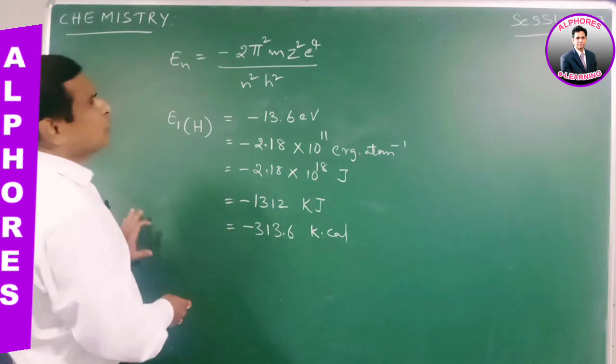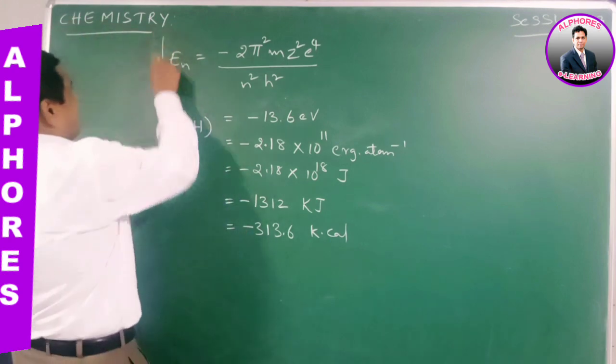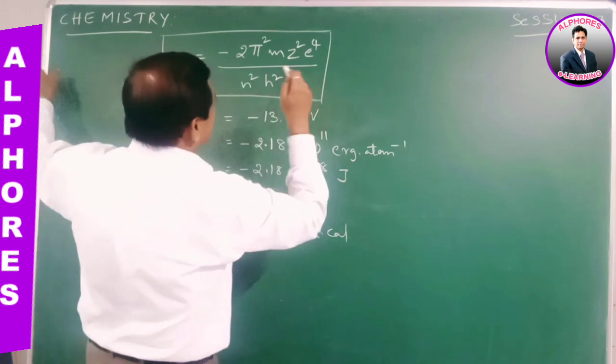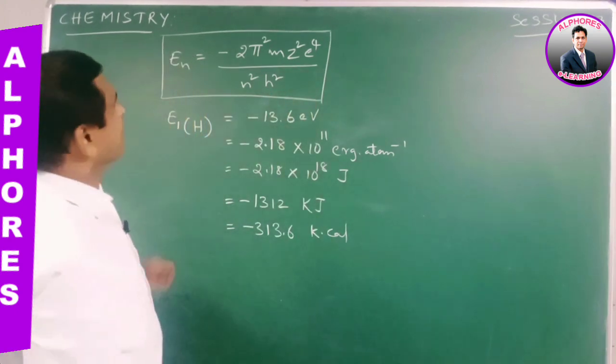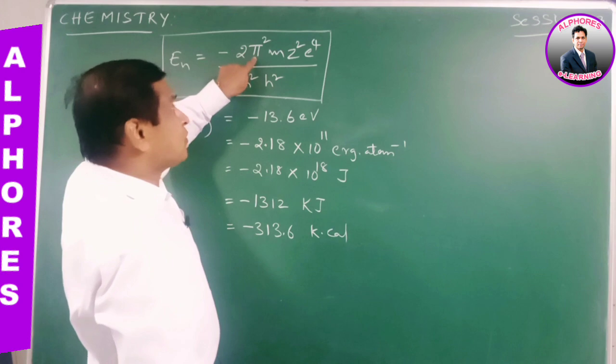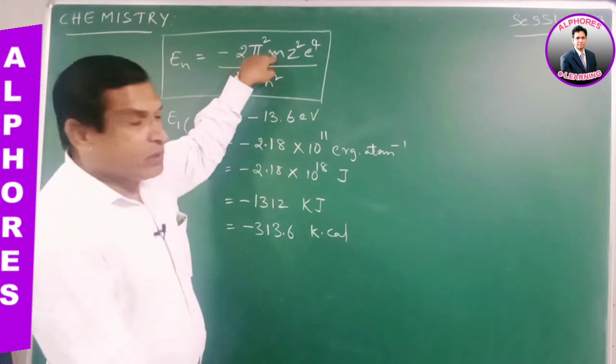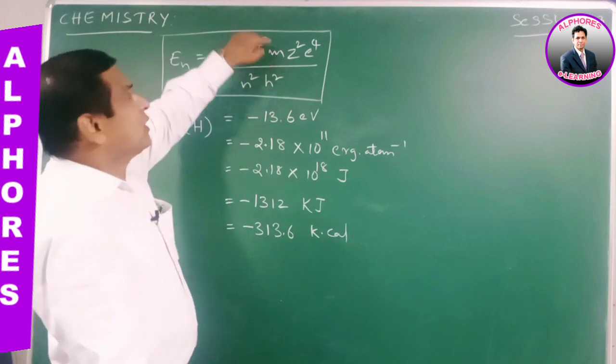This is the basic energy of the electron in any orbit of species containing one electron, where pi is 22 by 7, that is 3.14, and m is the mass of the electron.